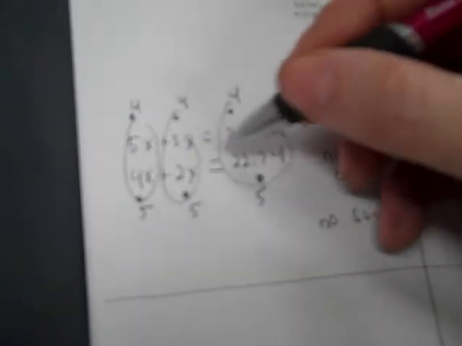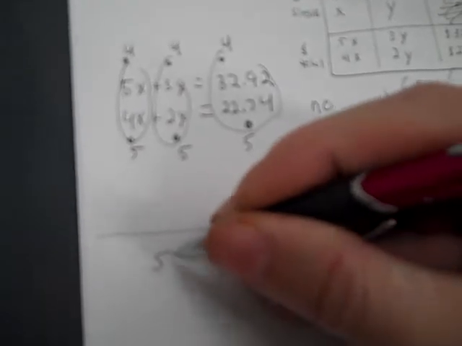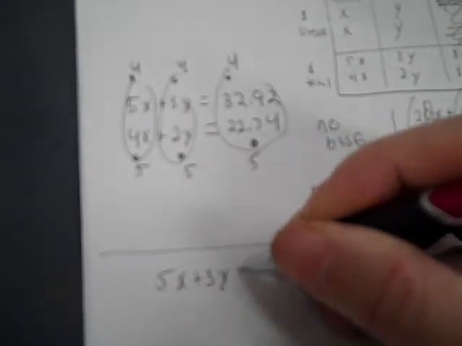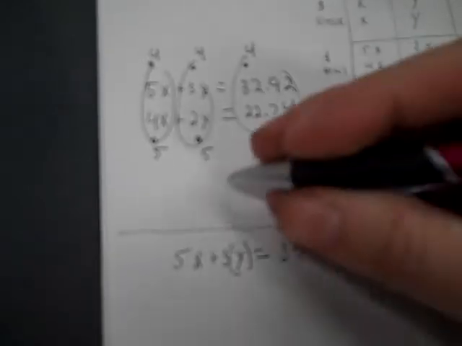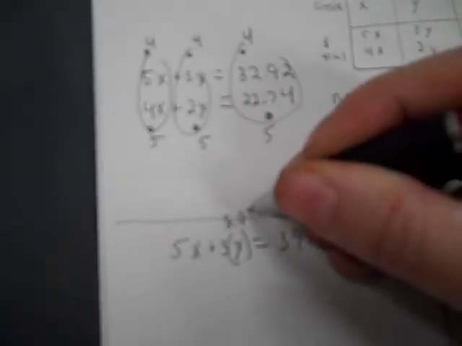Now, to get my other answer, because remember, I need 2 answers, I'm going to write this equation here. The very first equation I wrote down, 5x plus 3y equals 32.92. And I have my answer for y, so I want to parenthesize the y and put 8.99 in its place, and then cross out the y.